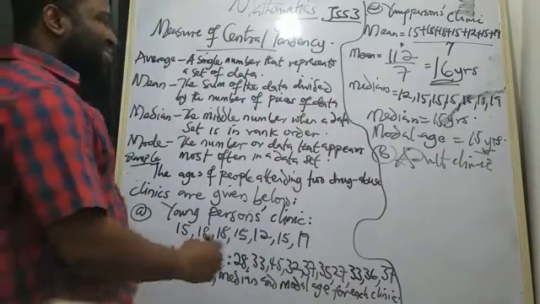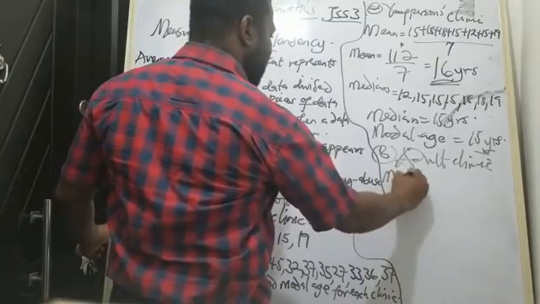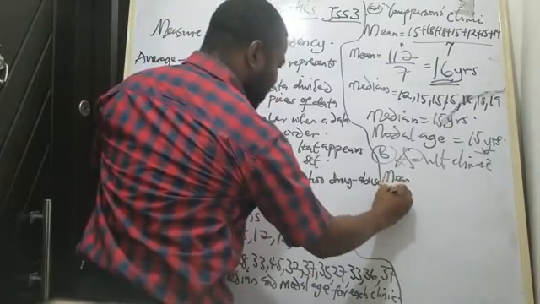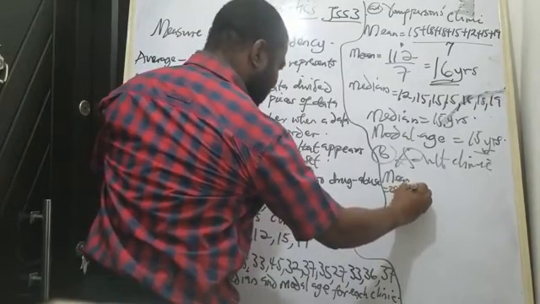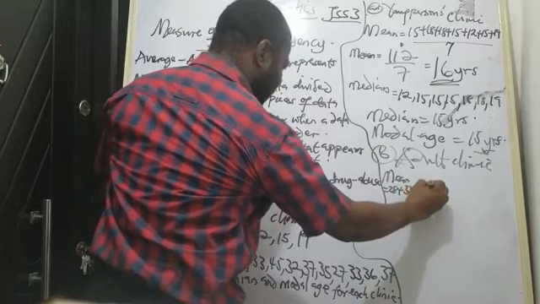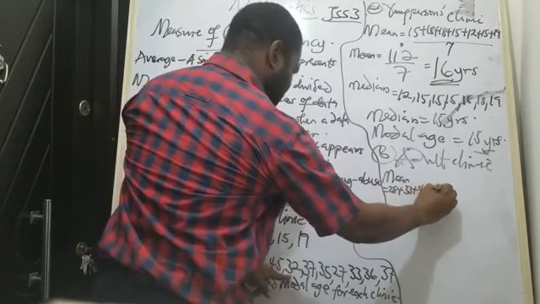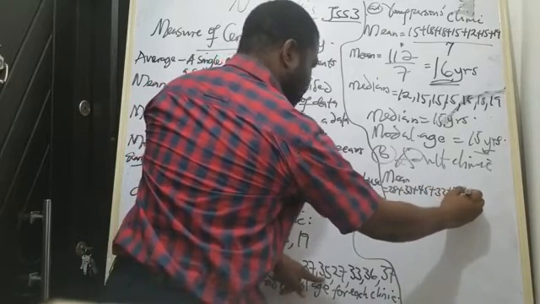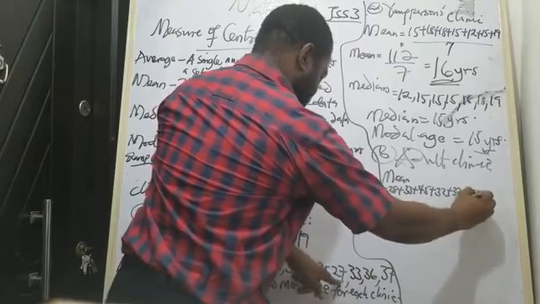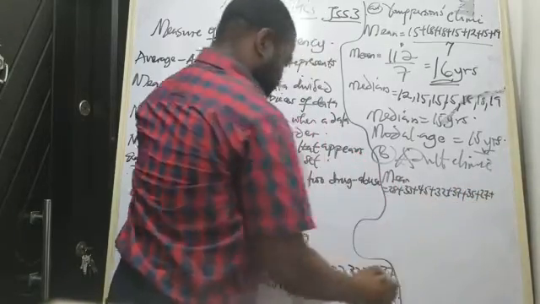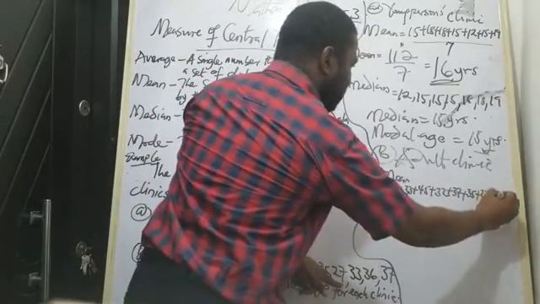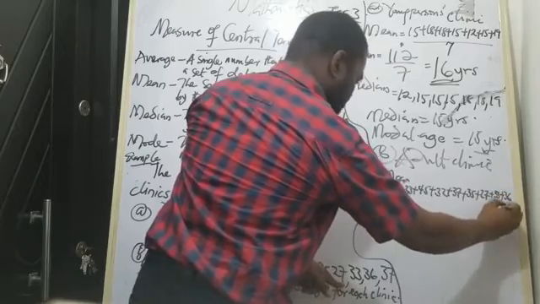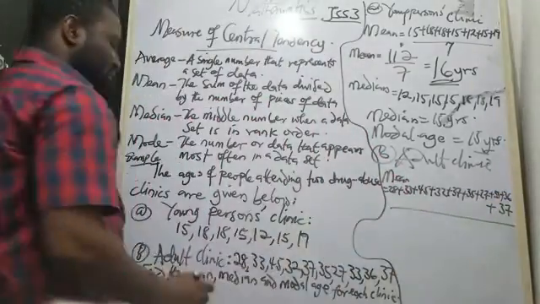Okay, now what's the mean for the adult clinic? Let's add them together. You have 28 plus 33 plus 45 plus 32 plus 37 plus 35 plus 27 plus 33 plus 36 plus 37, all over what?